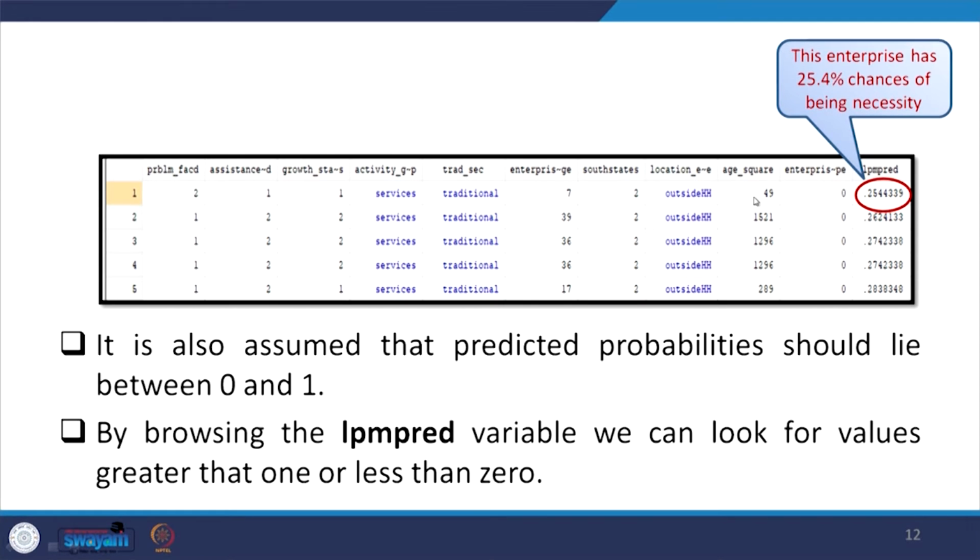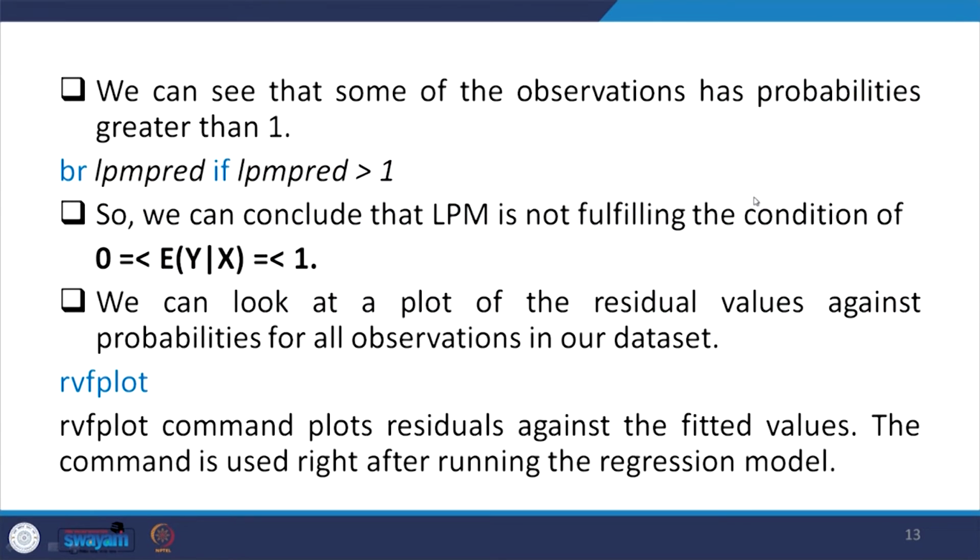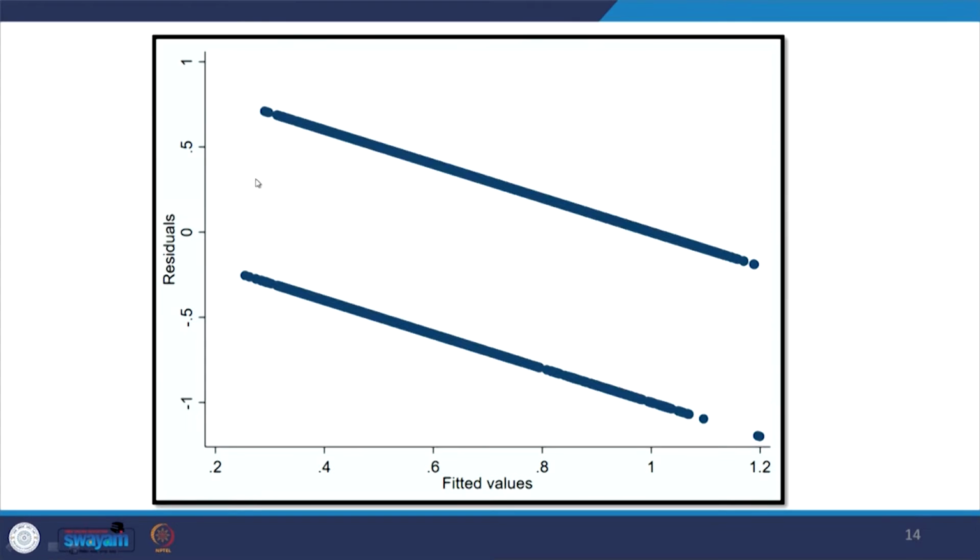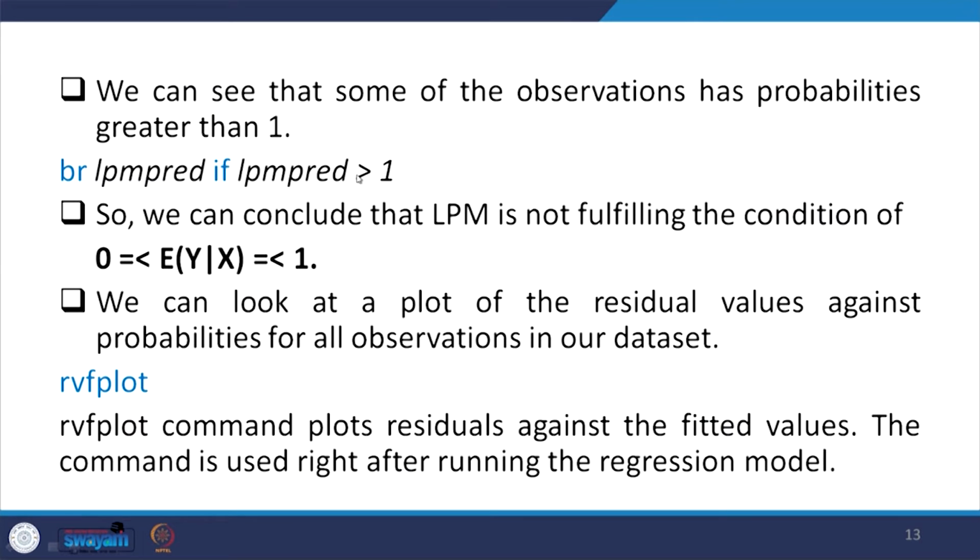After browsing, we observed that there are many cases where the predicted value exceeded 1, and we ran this command, browse, on the variable we defined already. Those greater than 1 have already been filtered. Now, we can conclude that LPM is not actually fulfilling the condition of the limit of the predicted values.